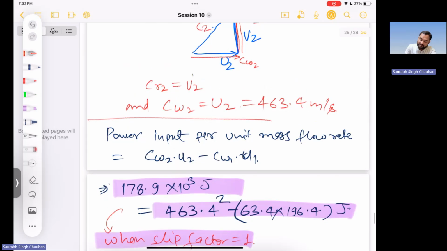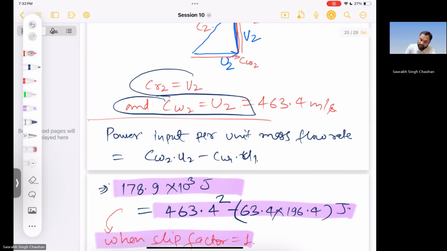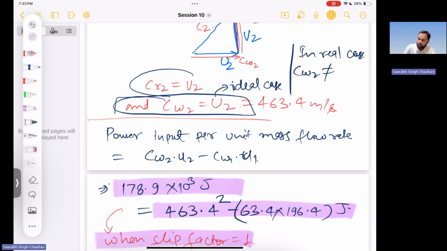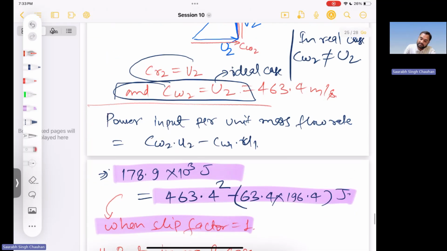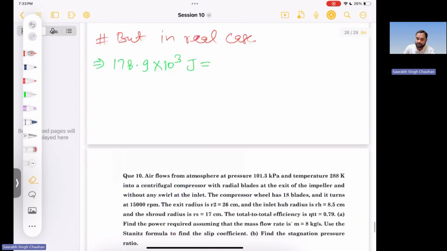Whatever I have written here will be in the ideal case. In the real case, CW2 will not be equal to U2. So let us say we have CW2 dash.